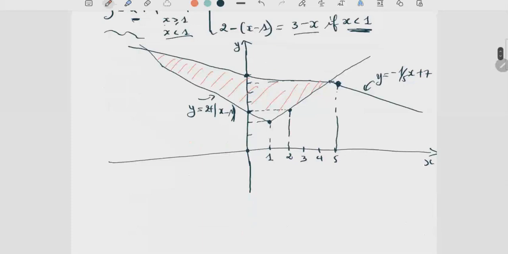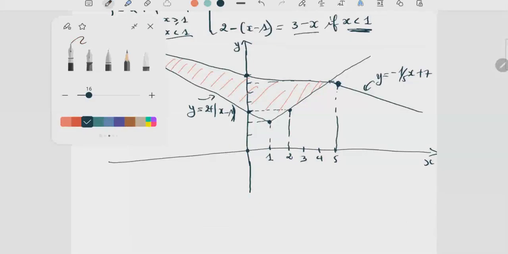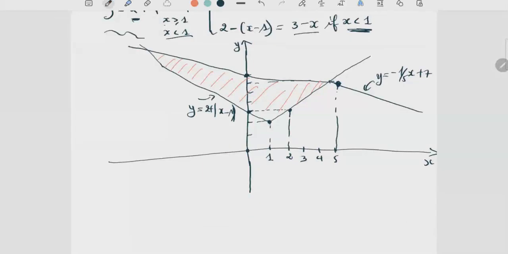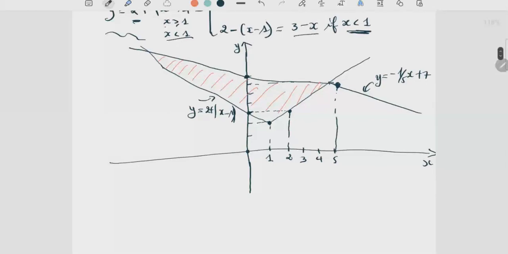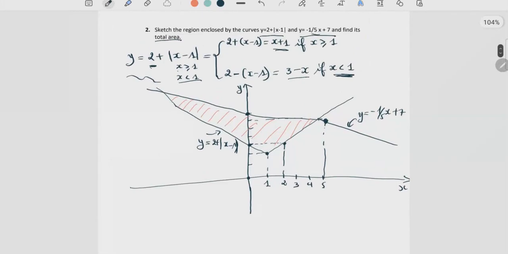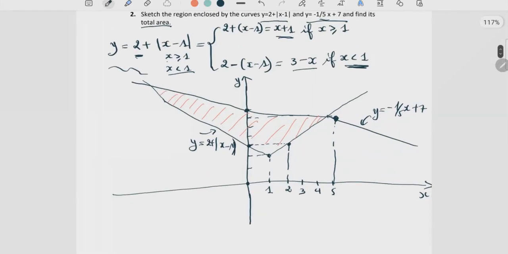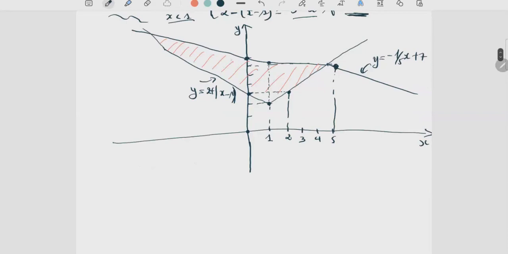So to do that, since our first curve is a piecewise function, we have to break this down into two sections, right? We have to look at the section where x is less than 1 and x is greater than 1. So that means we will have two areas again. Let's call this area 1 and this area 2.